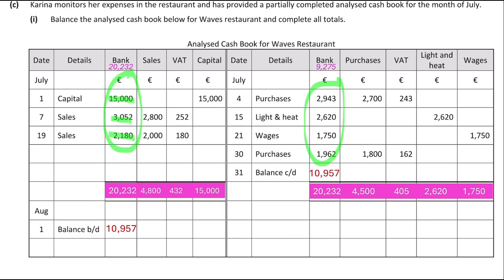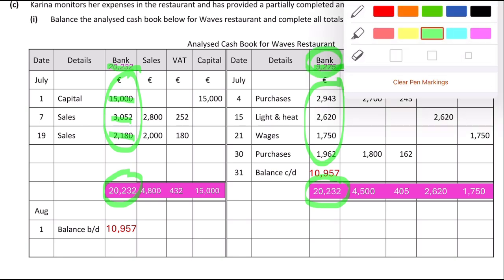So the bigger side is 20,232, and we put the biggest amount on both sides. Left hand side was 20,232, right hand side was 9,275.